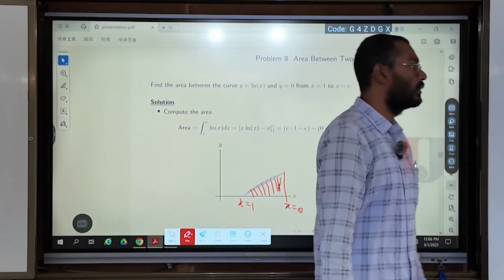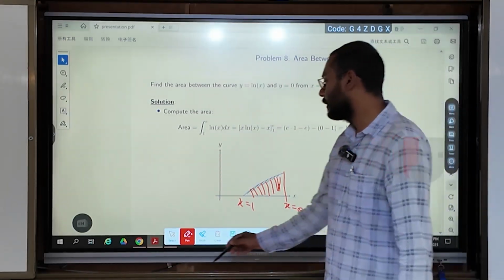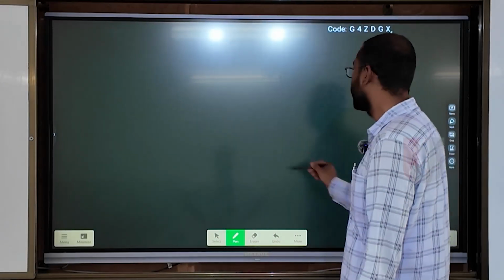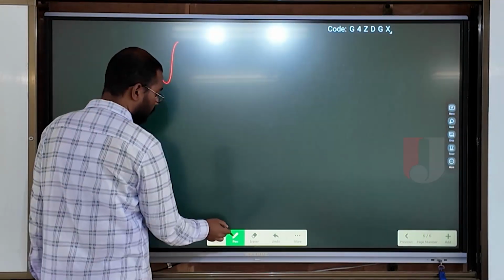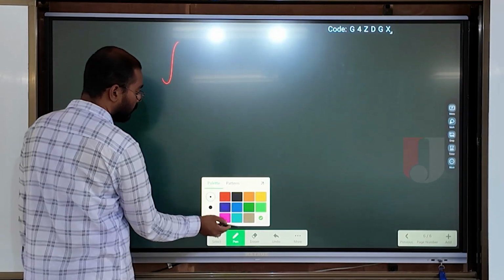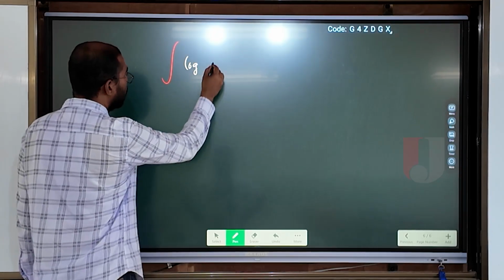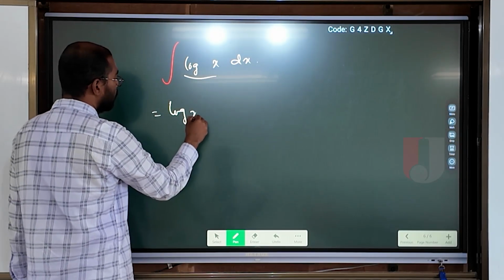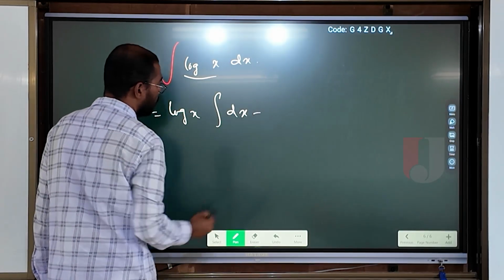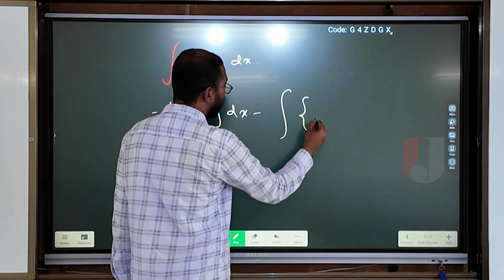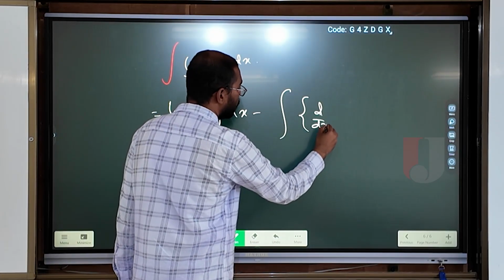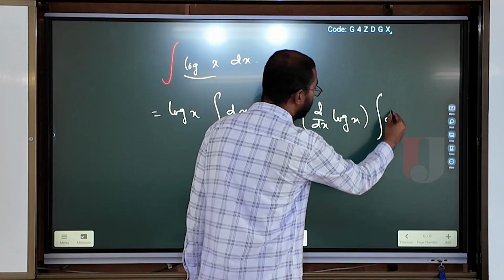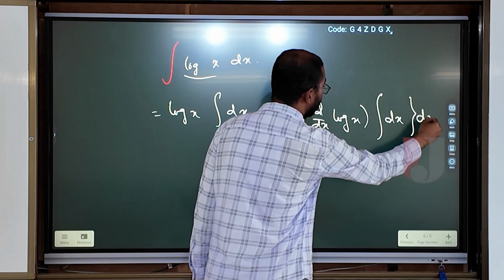Now we have to solve this integration of log x. How do we solve it? This is log x, or ln x, dx. Taking log x as the first function, it is log x times the integral of dx, minus the integral of the derivative of log x times the integral of dx, dx.